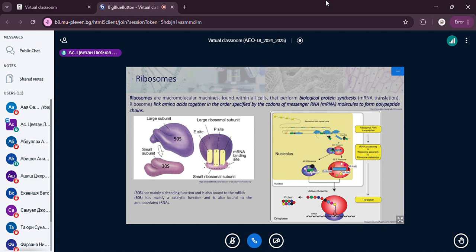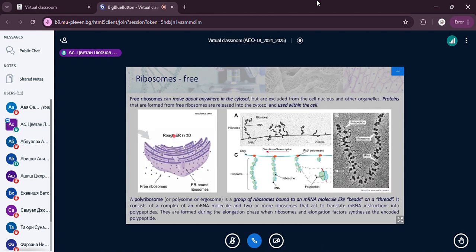When they enter the cytoplasm, the subunits can also be shipped to another part of the cell. Normally, we recognize two different types of ribosomes, guys. One ribosome is free in the cytosol, and the other is on the endoplasmic reticulum, which we also call membrane bound.